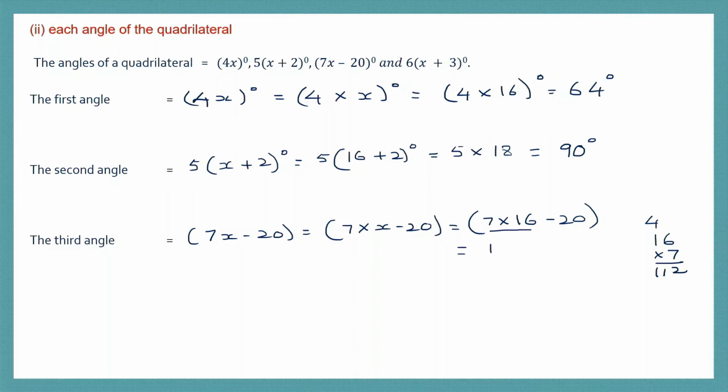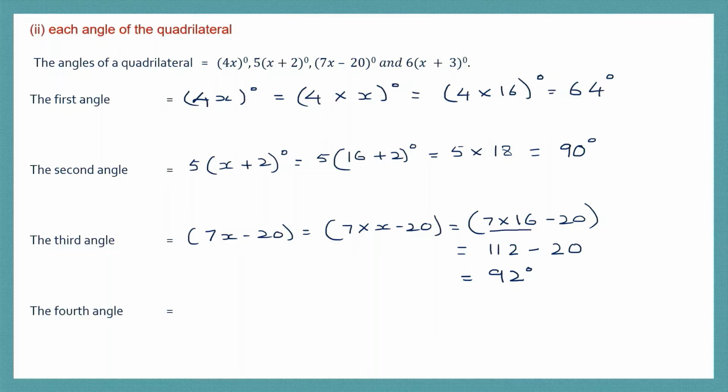So this is 112 minus 20. Let's subtract that: 112 minus 20 is 92. So the third angle is 92 degrees.